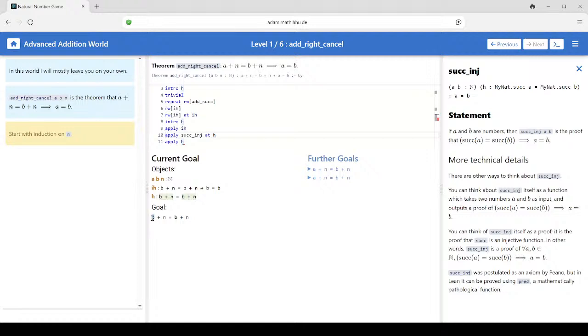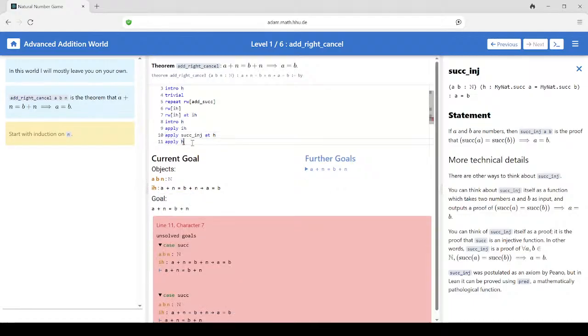My goal is to prove that b plus n equals b plus n, and I have the hypothesis that b plus n equals b plus n. And then I use it, and we're not done. It's a nightmare.